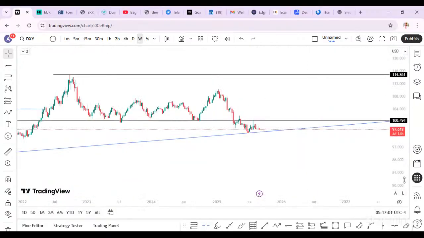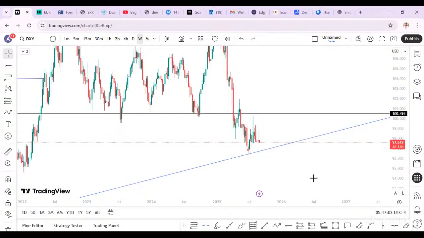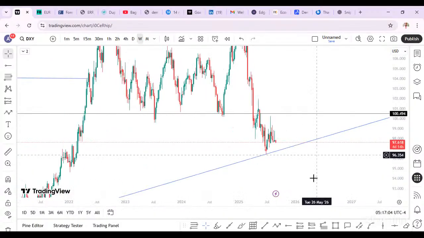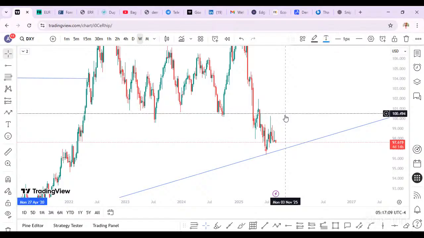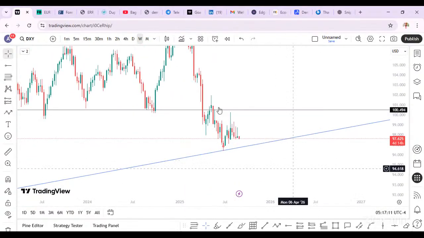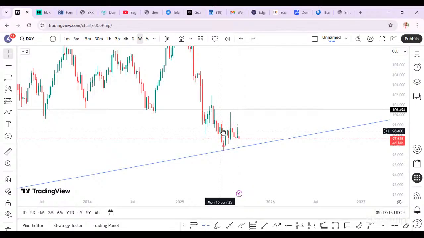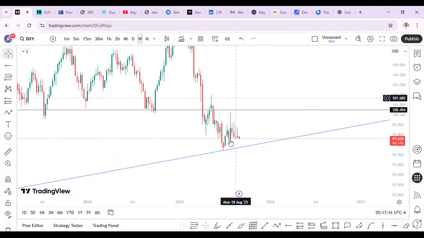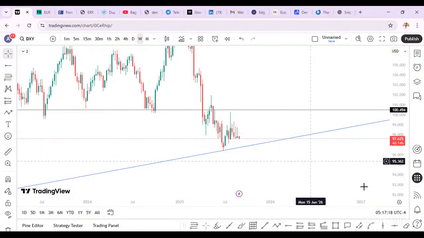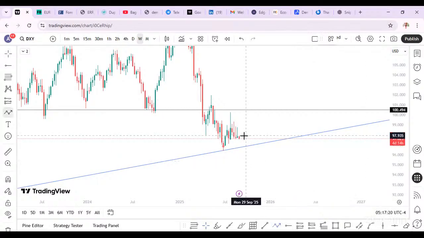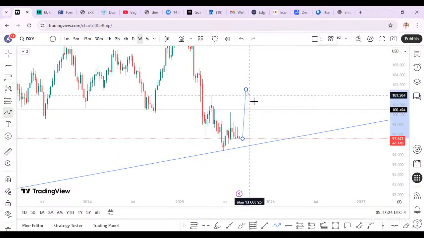We see where we are in monthly. The market is just ranging. On weekly, we can see that nothing has really happened, the market is just moving. So a clear trade for dollar is whether price closes and trades above this place.